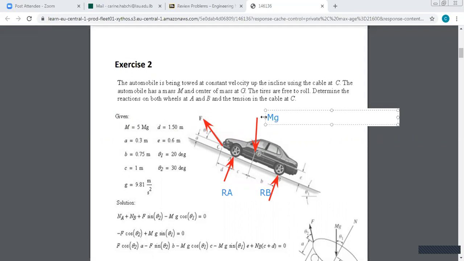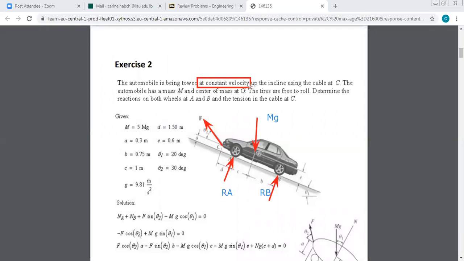Okay, and we want to find the reactions at A and B and the tension in the cable. Here, they said that the car is moving at constant velocity. So we have motion. It's true that we don't have an equilibrium state. It's not at rest, but we have what we call dynamic equilibrium. So it's in motion, but without acceleration.